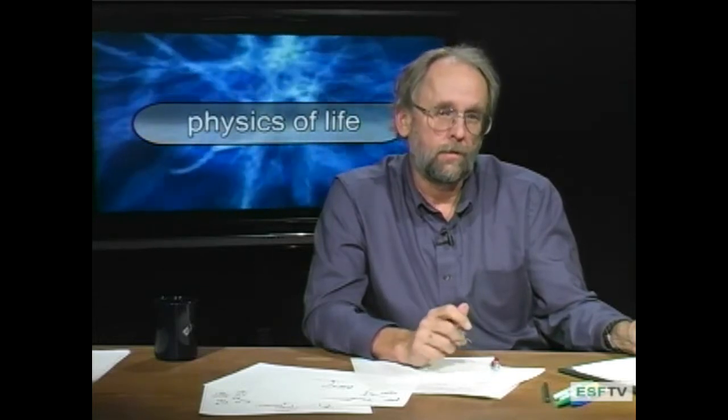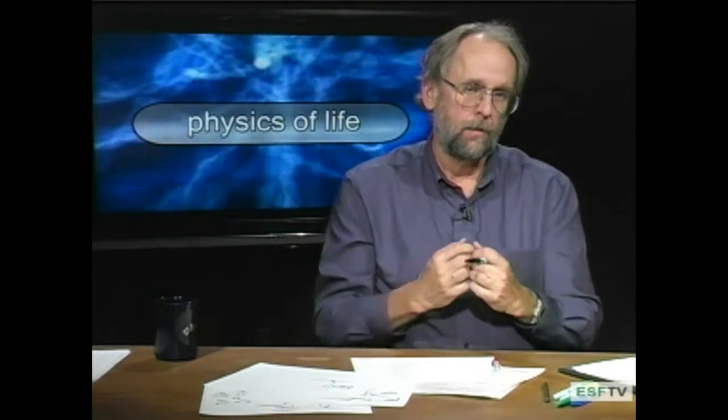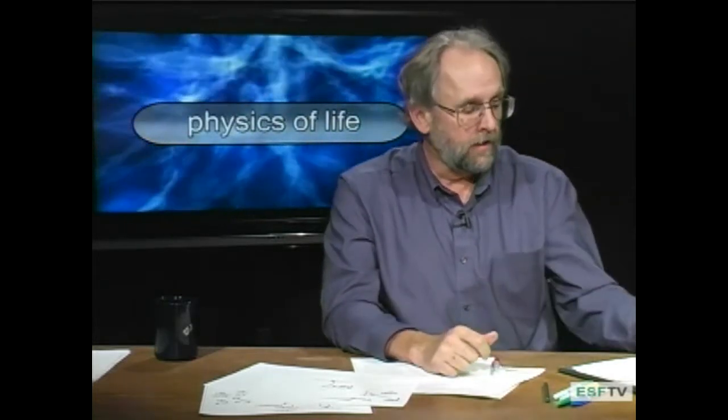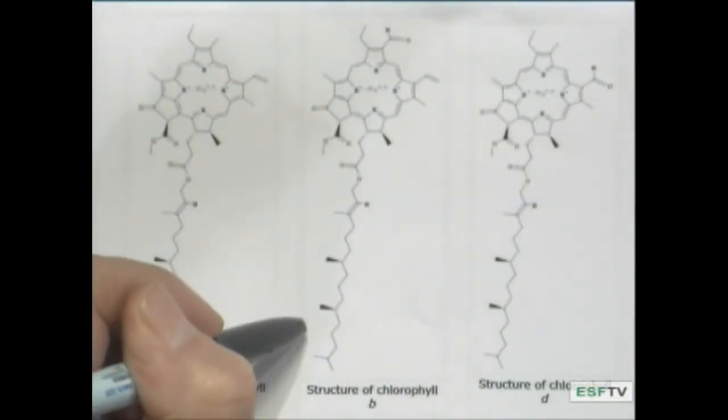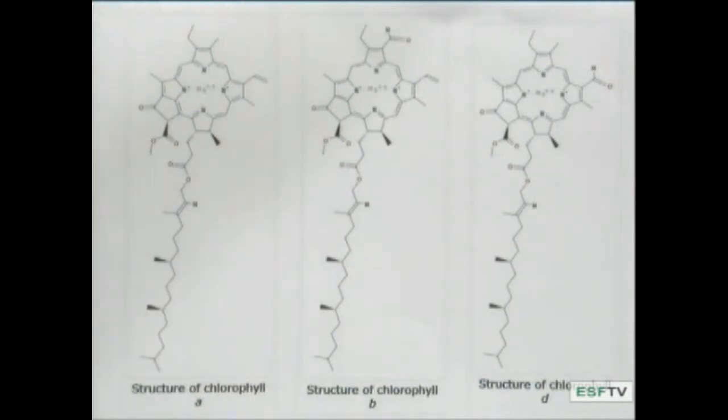And so what this structure does is it enables this chlorophyll molecule to act essentially as a light antenna. Just the same way that an antenna for a radio can intercept radio waves, these molecules right here can act as light antennas to intercept electromagnetic radiation at the visible part of the electromagnetic spectrum.